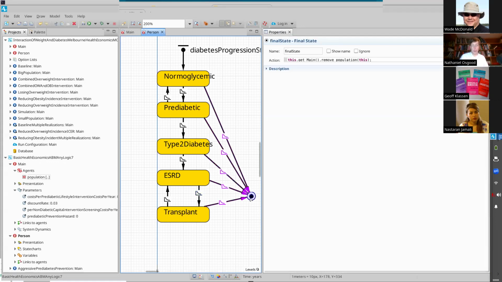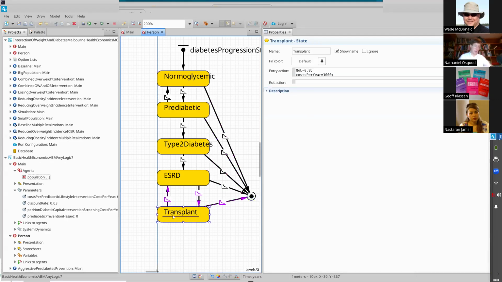And of course, an individual can pass away, in which case, for the purposes of this model, we characterize them as leaving the model.